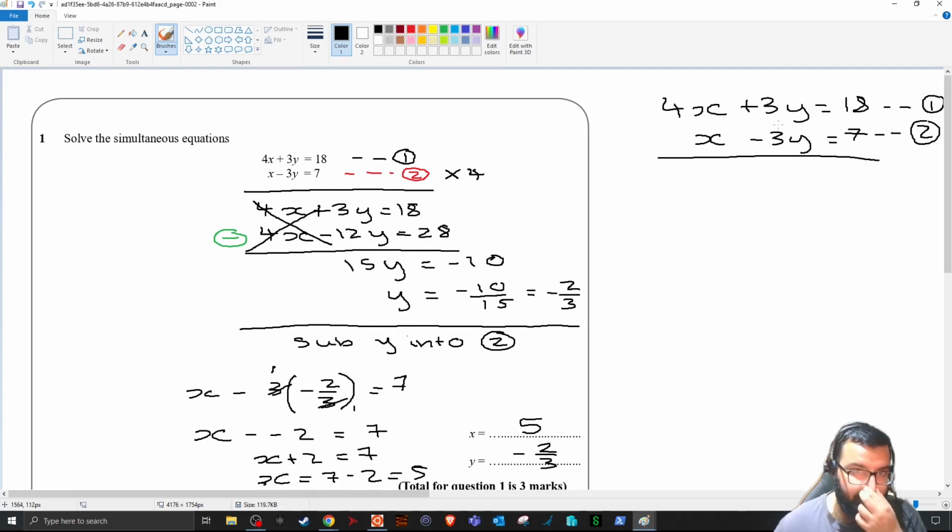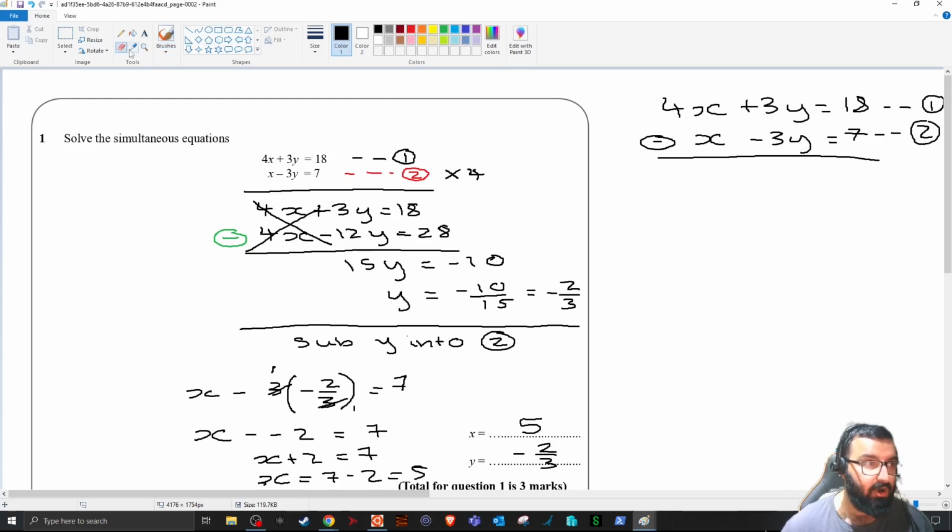So if we eliminate y, actually this is a much easier method, albeit a little confusing just because we have a negative here. Obviously, this is where the real problem arises. If I subtract 3y by minus 3y, it will be 3y minus minus 3y, which gives us positive 6y.